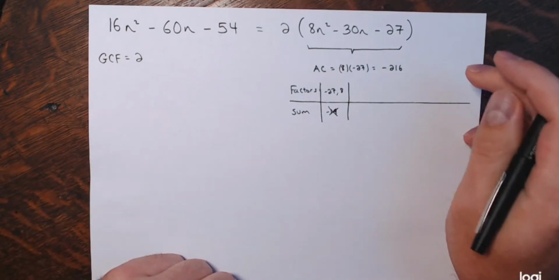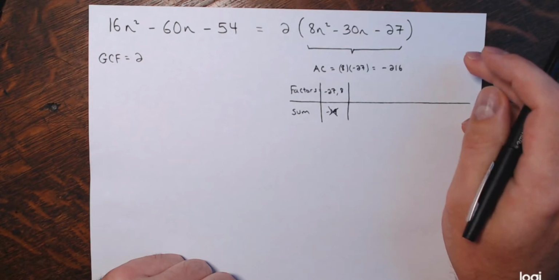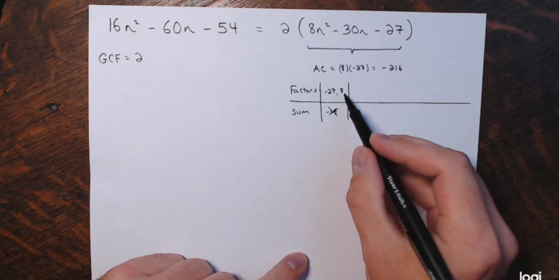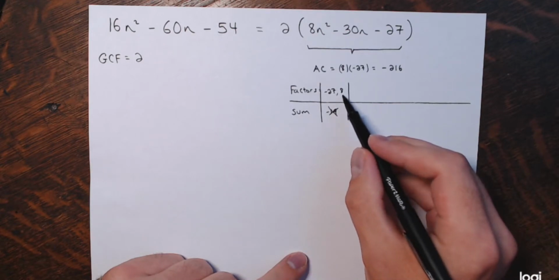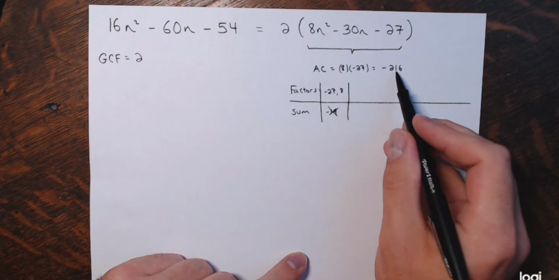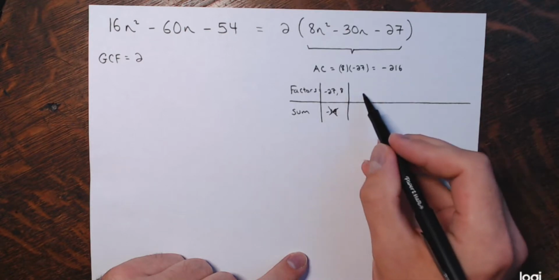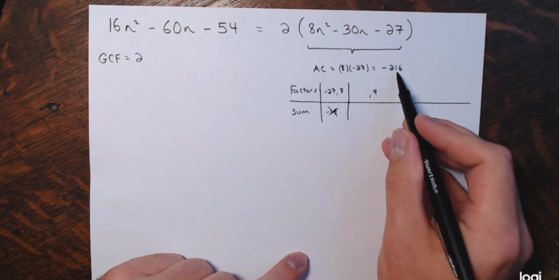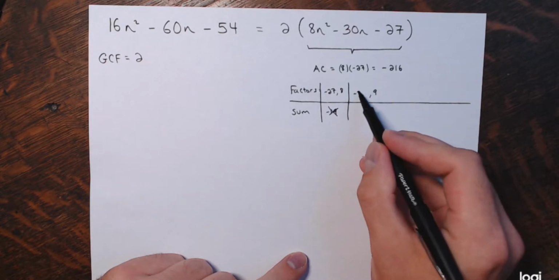Let's see. Let me bump this up. Okay, no 9. 9 definitely goes into this. So we have 9 and 24, negative 24.